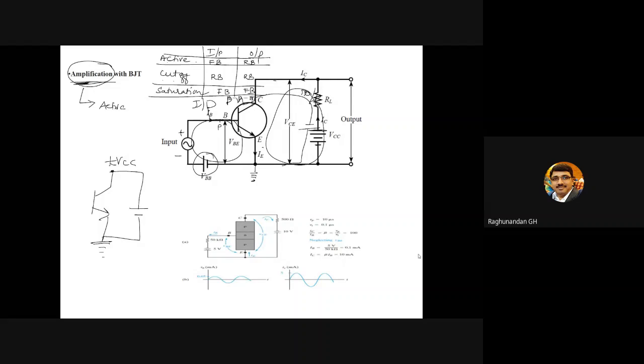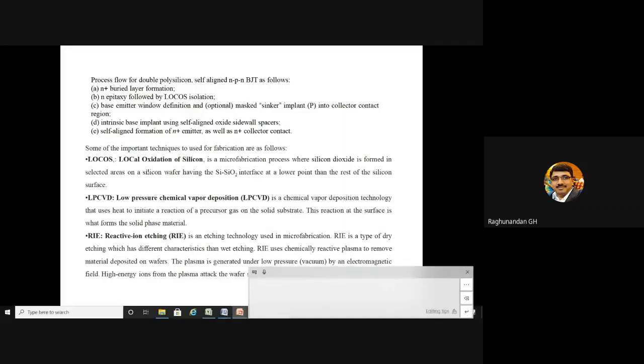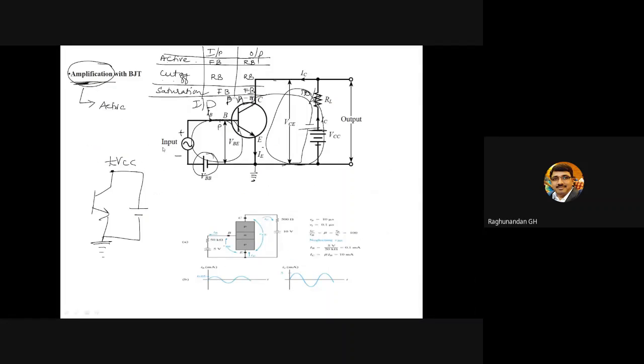So this is about the connections, how we are going to do it. Now here, since it is in common emitter configuration, can anyone tell me what the gain formula is for common emitter configuration?